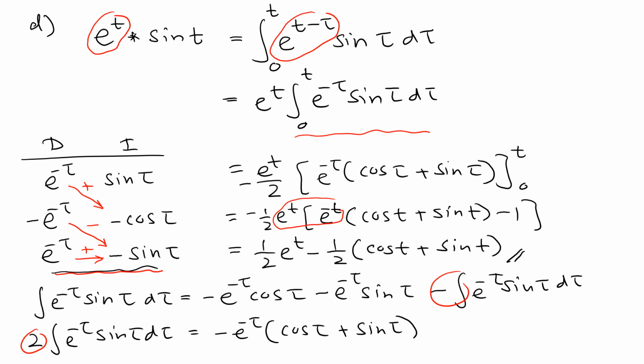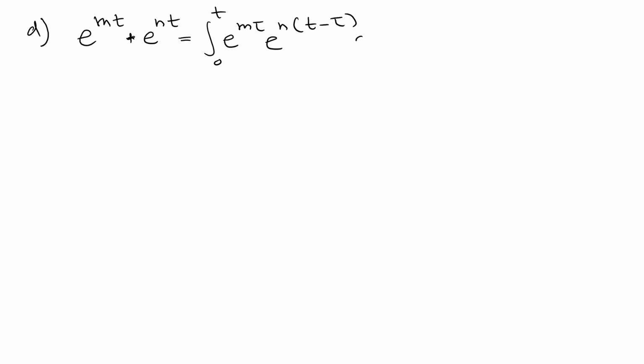Okay, so let's try one more of exponential type. So let's do the next one. Suppose we have e to the mt convolved with e to the nt, m and n numbers. So what happens? By the definition it is the integral from 0 to t of e to the m tau times e to the n(t minus tau) d tau, and as before you can pull out the e to the nt term.